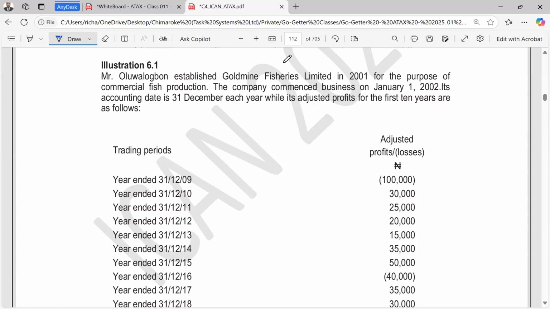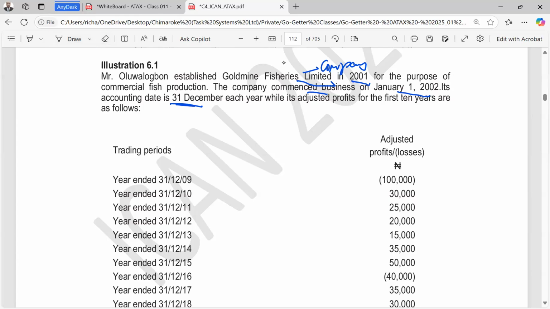Because they mentioned limited, it is a company. It was established in 2001, meaning that it was incorporated in 2001 for the purpose of commercial fish production. The company commenced business on January 1, 2002. Its accounting date is 31st December each year, while its adjusted profit for the first 10 years are as follows.